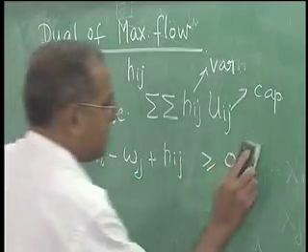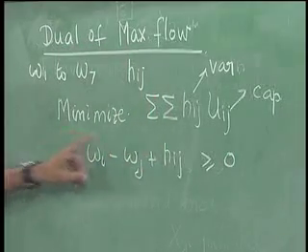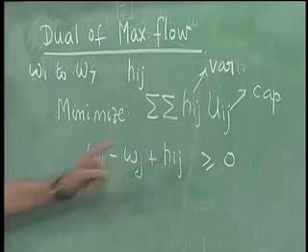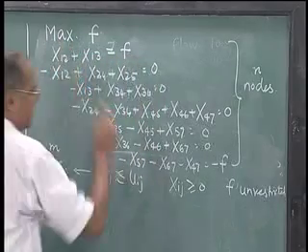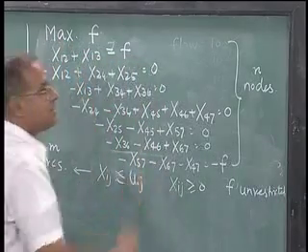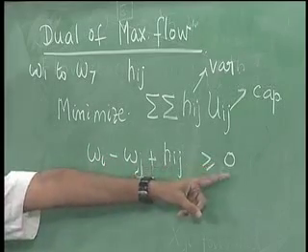So for any variable Xij you will have Wi minus Wj plus Hij as the left hand side, and the right hand side will be 0. This will be a greater than or equal to, because you have a maximization problem with all Xij correctly defined. So you have Wi minus Wj plus Hij greater than or equal to 0.